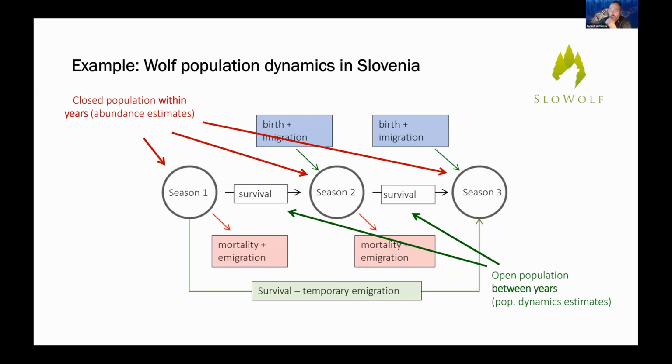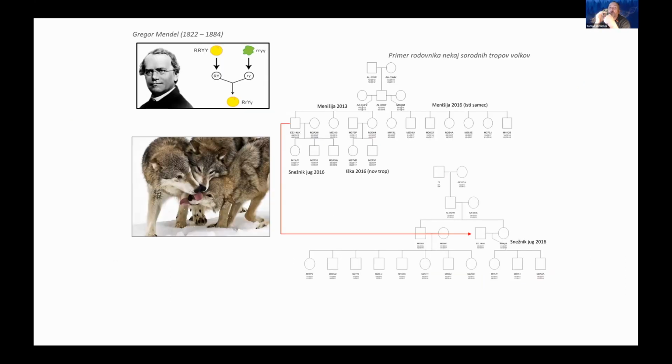The animals disappear. However, we can use genetics to reconstruct pedigrees and disentangle immigration and reproduction, actually the animals that were born in our country. It also allows us to recognize individual wolf packs and follow their social behavior.